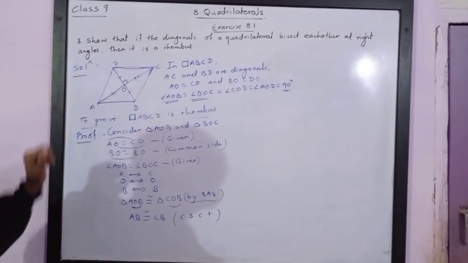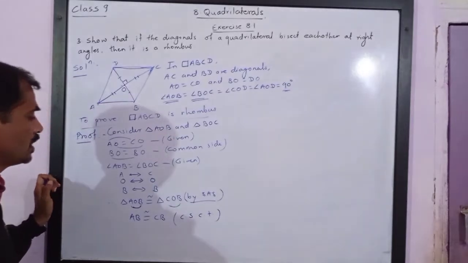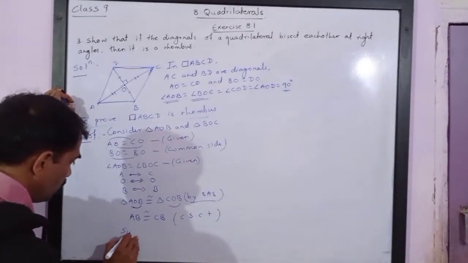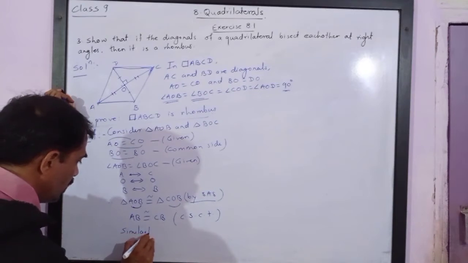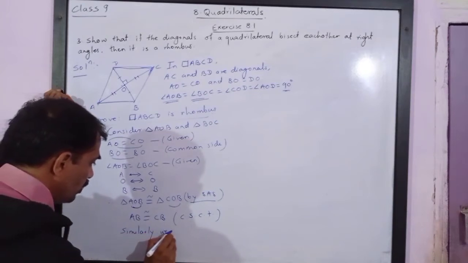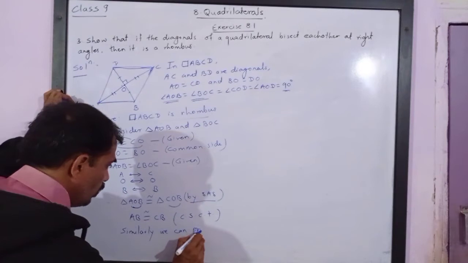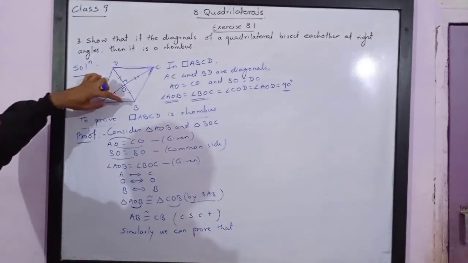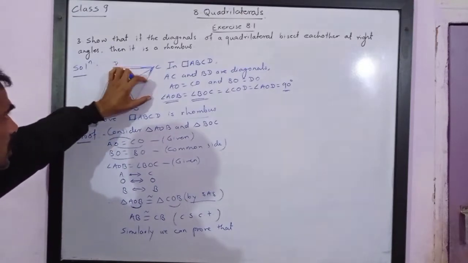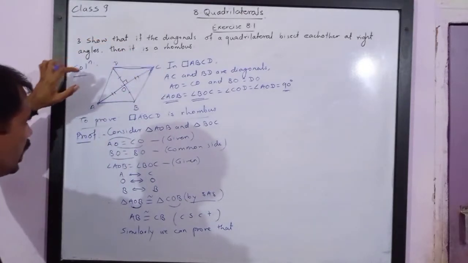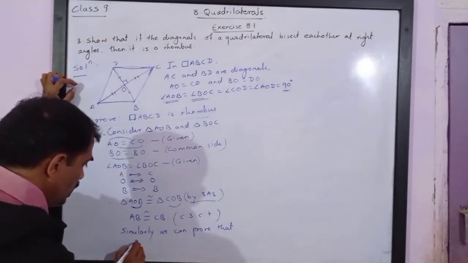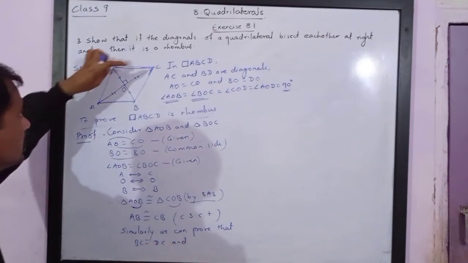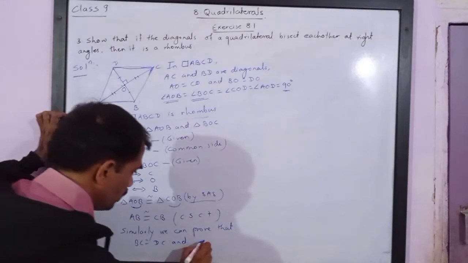So thus we can say that, similarly, we can prove that AB equals BC equals DC equals AD. You can prove that BC is equal to DC and CD is equal to AD.